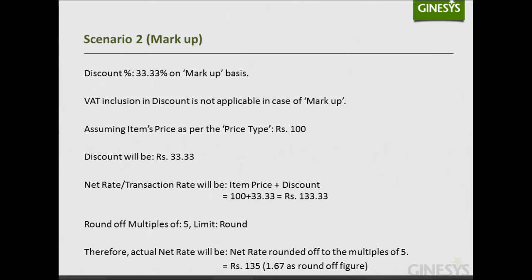Net rate, or say the transaction rate, will be item price plus discount, that is 100 plus 33.33, that is 133.33. For round off, multiples of is provided as 5 and limit is provided as round. So therefore, the actual net rate will be net rate rounded off to the multiples of 5 with limit as round, and it will conclude as rupees 135, in which 1.67 is a round off figure.